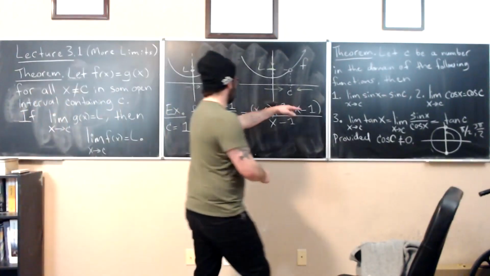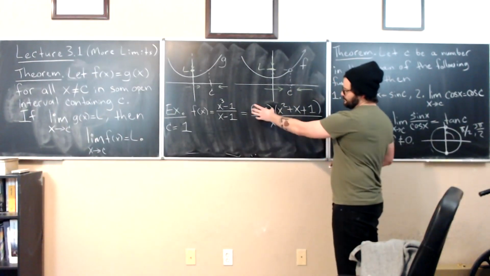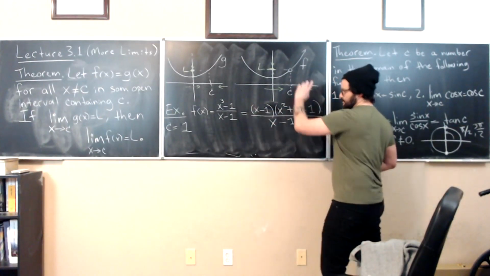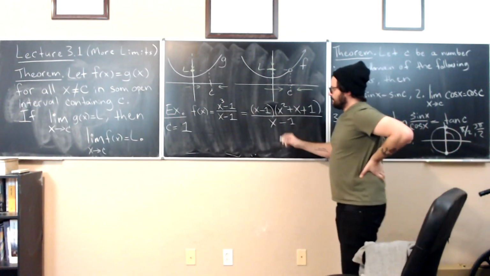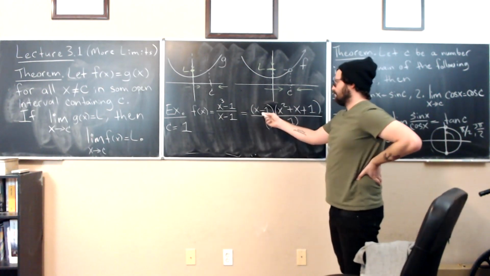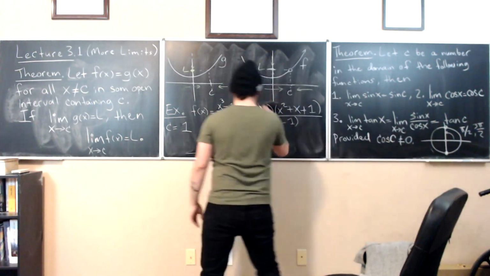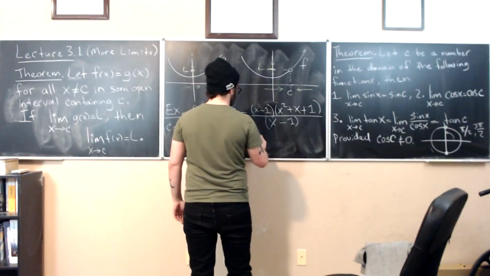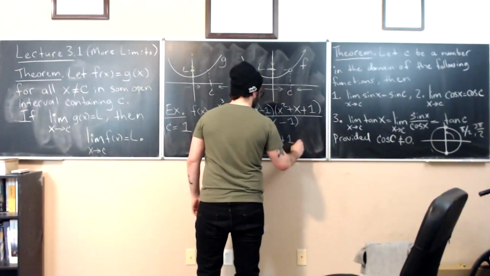And if you check this, this polynomial times this polynomial is precisely x cubed minus 1. So then we can divide out this one here. x minus 1 divided by x minus 1 is just 1. So we're left with x squared plus x plus 1.